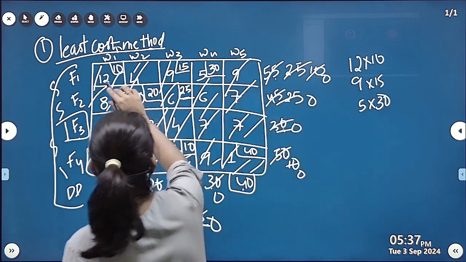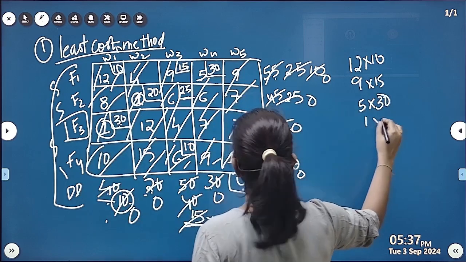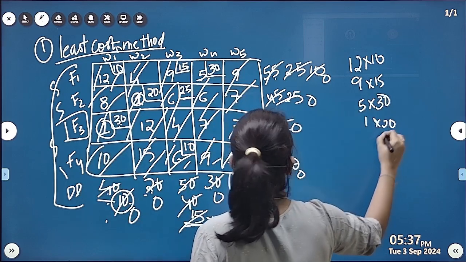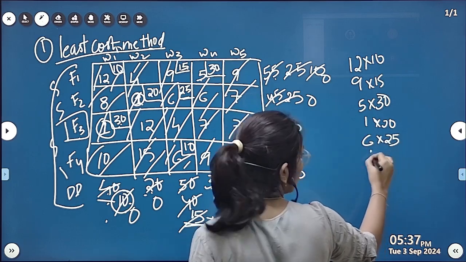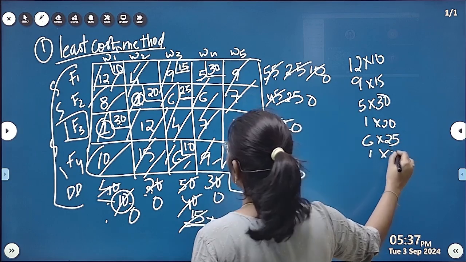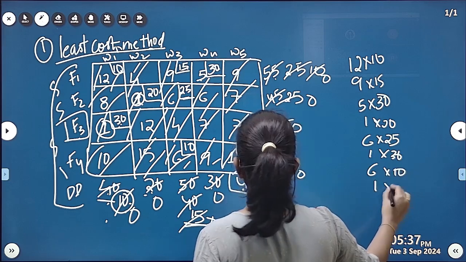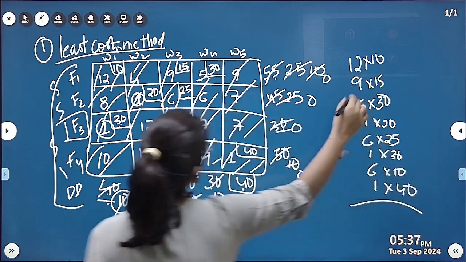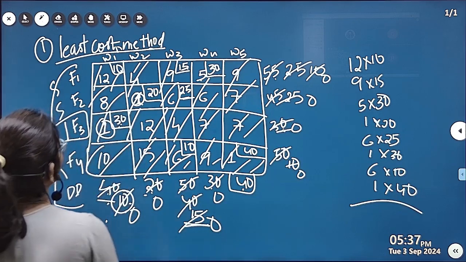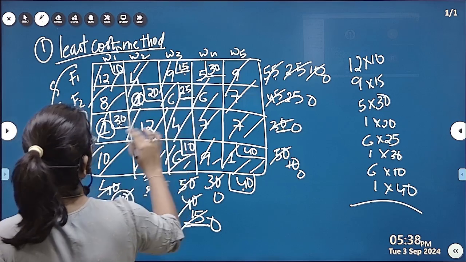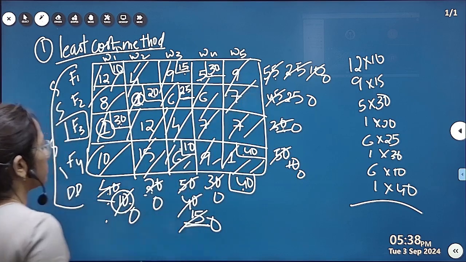Here this 12 into 10, 9 into 15, 5 into 30 and 1 into 20 and 6 into 25 and 1 into 30 and 6 into 10 and 1 into 40. So the total you need to do, you will get the cost. 1, 2, 3, 4, 5, 6, 7, 8. Okay. 8 cost.